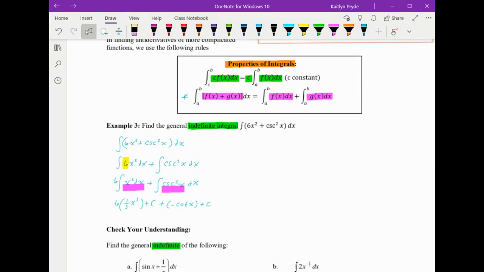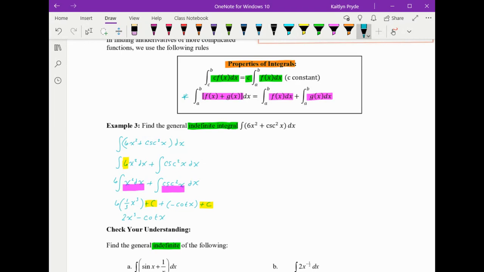If we simplify things, 6 times 1/3 is going to be 2x cubed minus cotangent of x. When you add some constant to another constant, you might think you get 2 times that constant, but they didn't have to be the same constant. They could have been any constant, so you can still just say it's some constant.